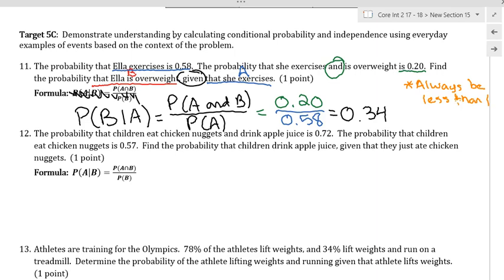Alright, looking at number 12. The probability that children eat chicken nuggets and drink apple juice is 0.72. The probability that children eat chicken nuggets is 0.57. Find the probability that children drink apple juice given they just ate chicken nuggets.